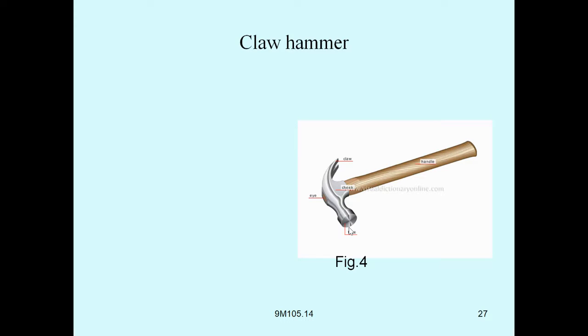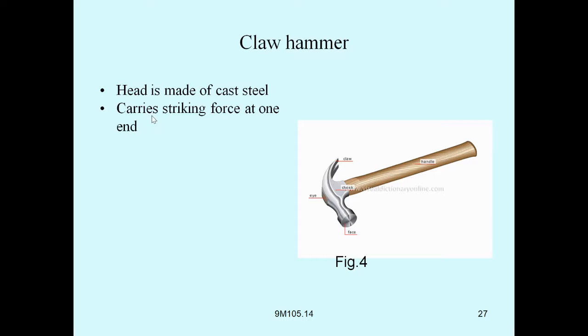This part is called the face, and this is the eye of the head, and this part is called the cheek, and this will be the handle. And there will be a claw here. The head is made of cast steel. As compared to the previous one, the Warrington, both these hammer heads are made with cast steel.